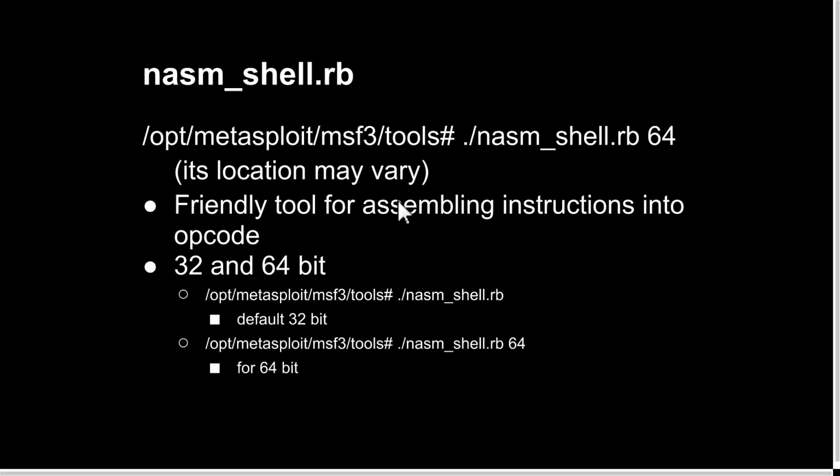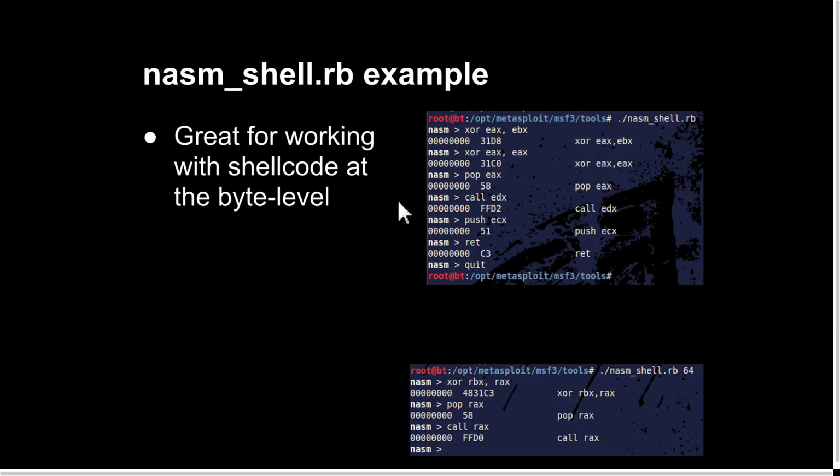This is a friendly command line tool that allows you to take assembly instruction by assembly instruction, compile it, and see exactly what the opcodes are. It works for 32-bit and 64-bit. I could show a demo, but it's really straightforward.